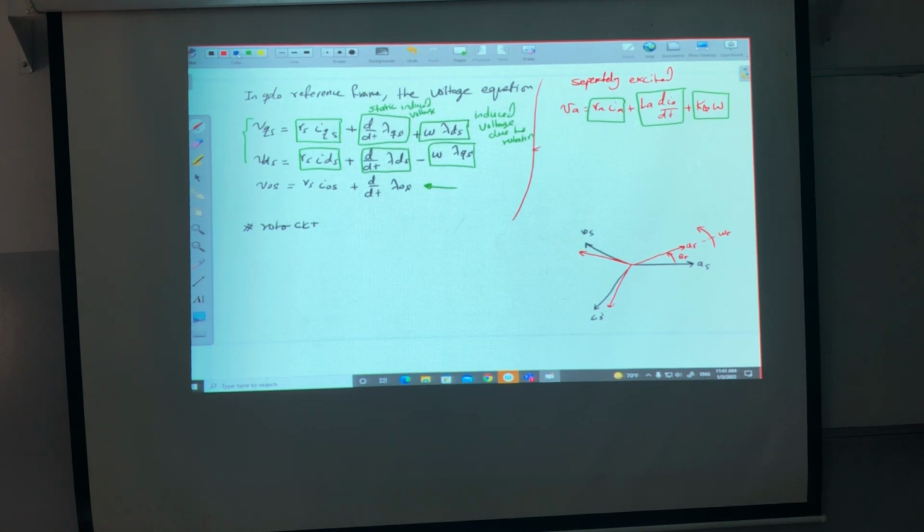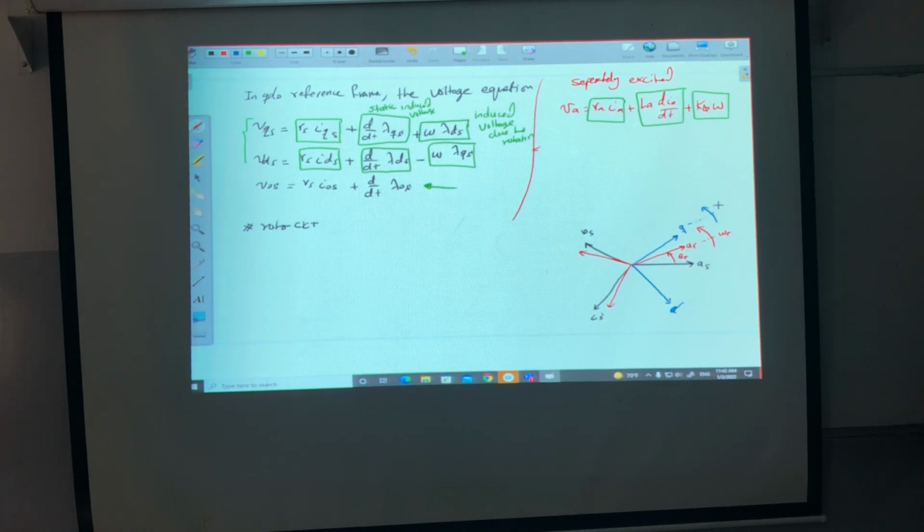Now let's assume we have a reference frame. This is the Q and this is the D. Now this frame is rotating by which speed? Omega.